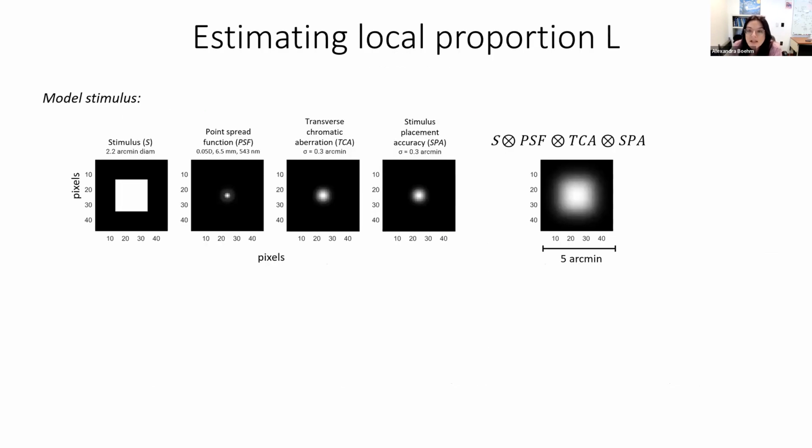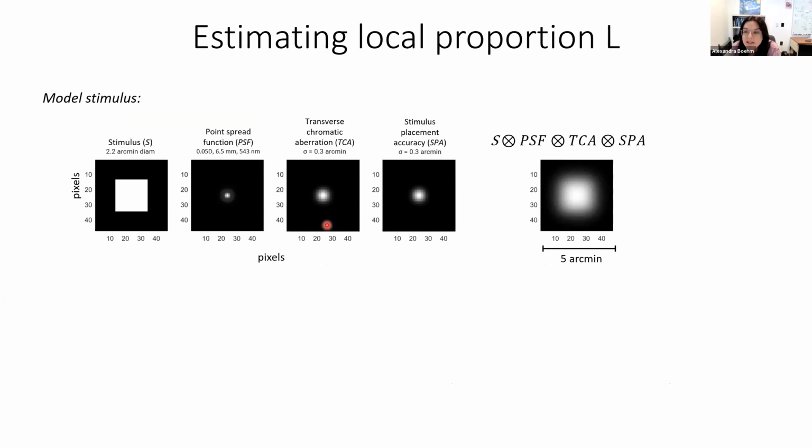So to do this, we modeled the stimulus at 2.2 by 2.2 arc-minute square as a convolution of the stimulus with the AO corrected point spread function, in addition to residual blur from transverse chromatic aberration, or TCA.